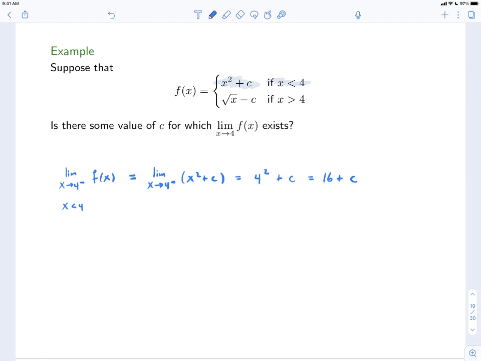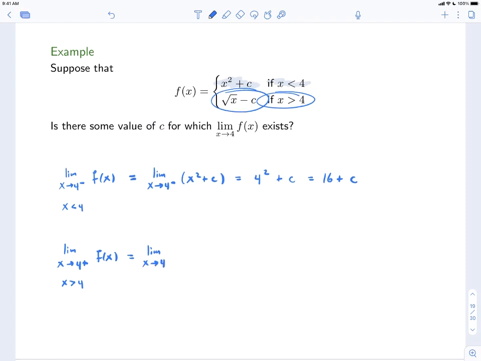Okay, well, now what about the limit as x approaches 4 from the right? This is x equals 4 plus something, so x is bigger than 4. If x is bigger than 4, then you're using the second part of this formula, which is the square root of x minus c. So f at x, in this case, is going to be radical x minus c.